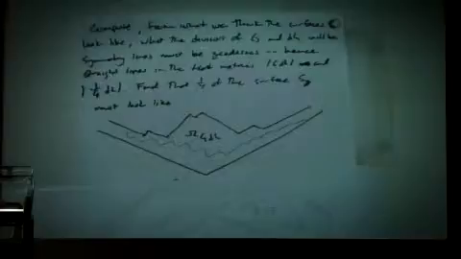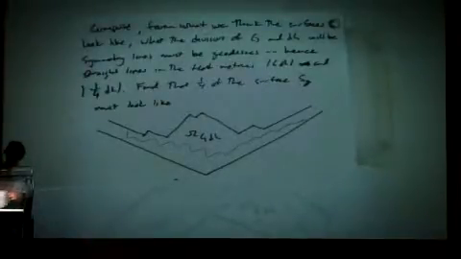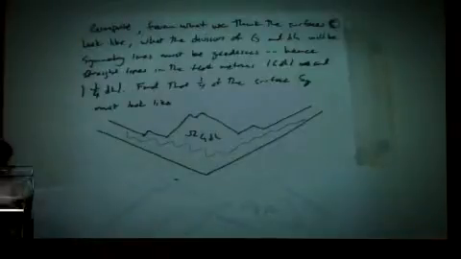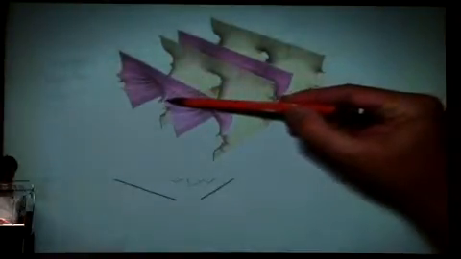I'm a little afraid I'm being too mysterious, so I probably won't get this right. But for instance, if I take this surface, then the straight lines I'm drawing are going to be the images of, say, this curve.